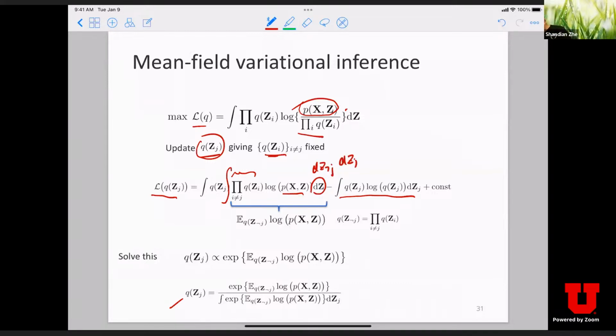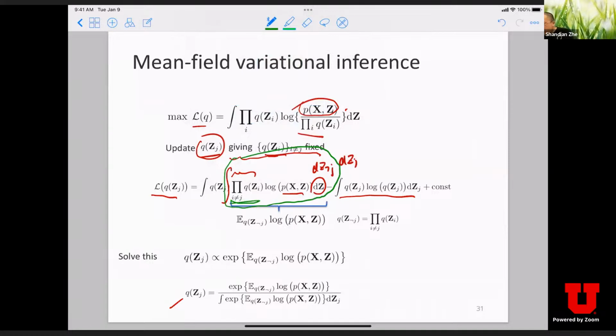Now, if you look at this integral inside, which is only over z not j, what can we observe? Any thought? It's just an expectation.